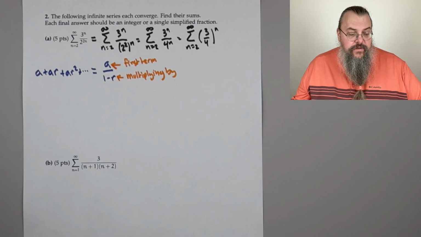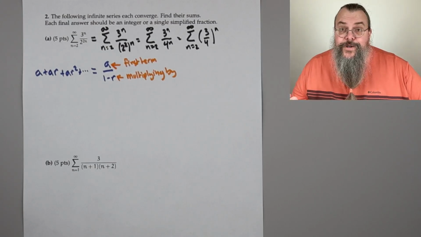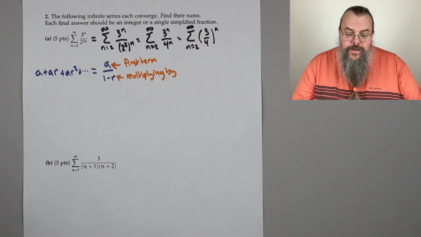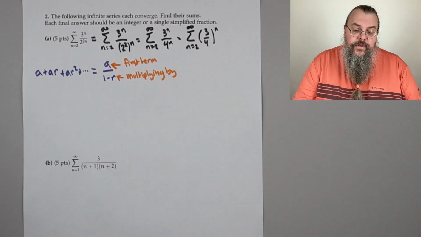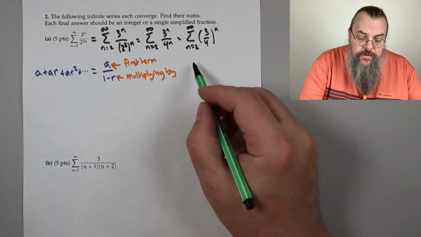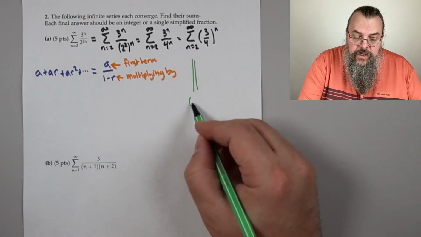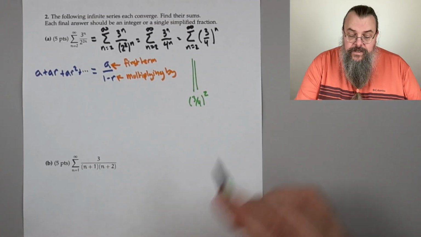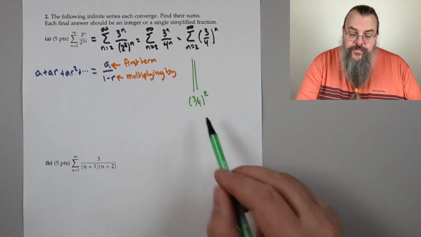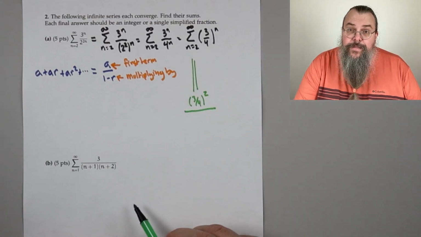Well, okay, so let's start. What's the first term? Well, we are starting our sum at 2. So our first term would be (3/4) squared. All right, plug in n equals 2. Now, what do we multiply by?